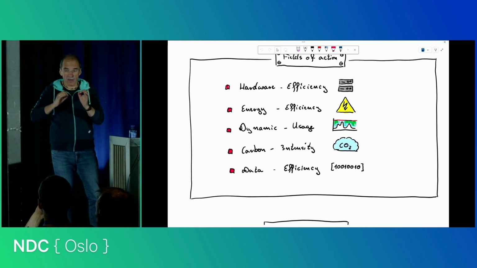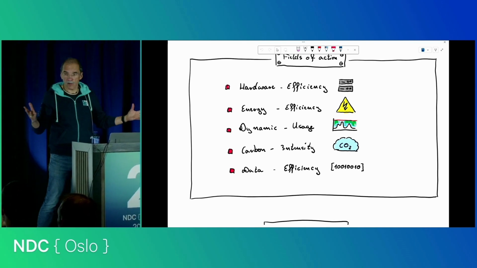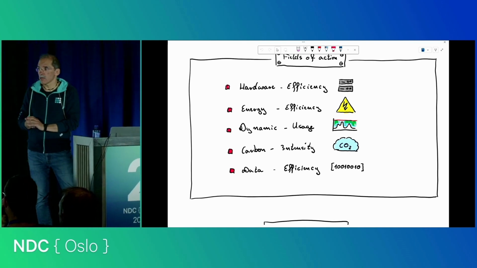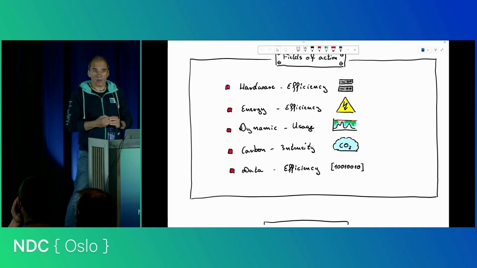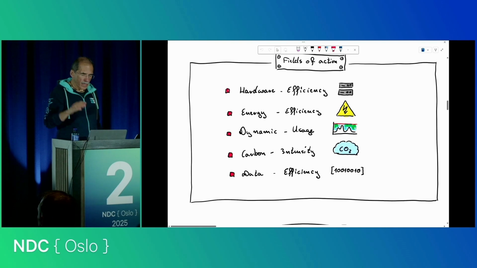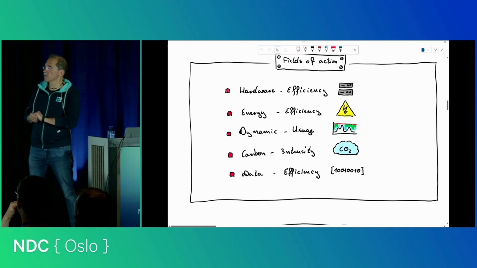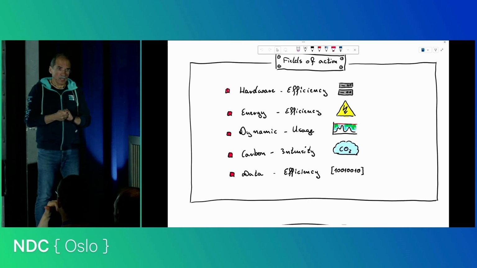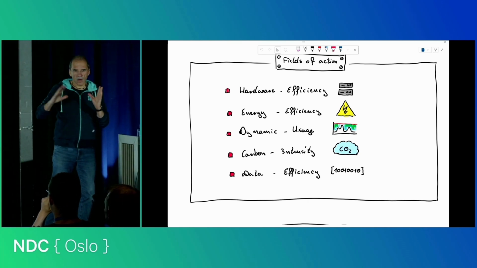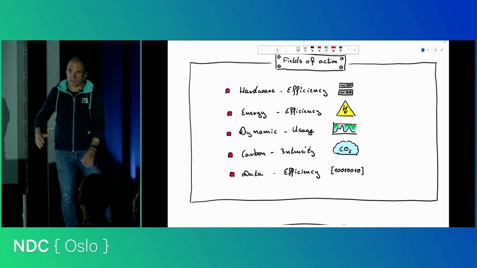We see the problem, and then we find a solution, because this is our daily job. What I give you today are some hints, maybe some patterns for that. Let's go deeper. Hardware efficiency and energy efficiency is about the computers, the hardware, and now we are talking more or less about servers, about data centers.